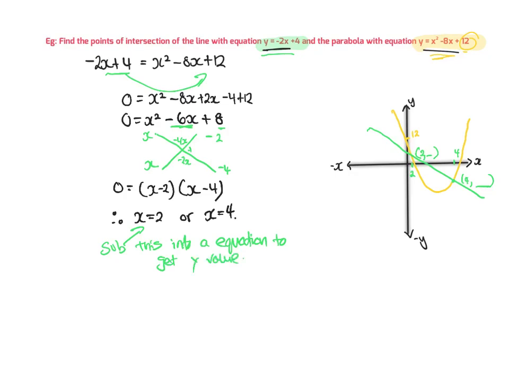When x equals 2, I'm going to use the linear because it's easier. So negative 2 times 2 plus 4. So y equals 0.